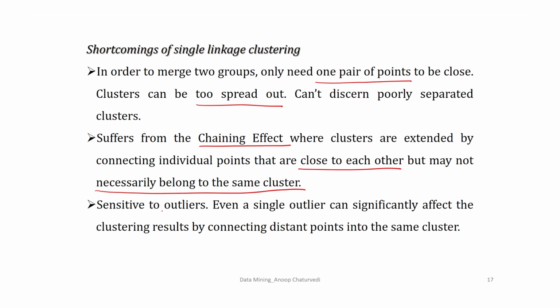Then sensitivity to outliers. Even a single outlier can significantly affect the clustering results by connecting distant points into the same cluster. So, this is the problem with single linkage clustering. If you have even a single outlier, it can affect the clustering results.